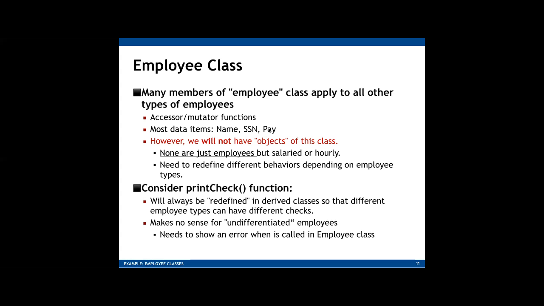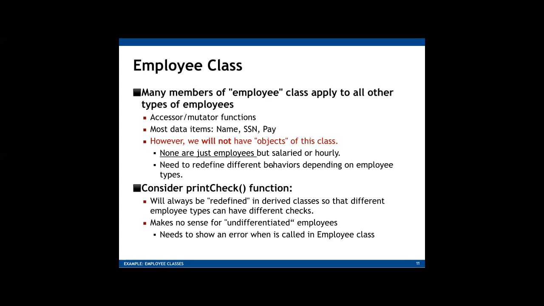And we will not have objects of this employee class. Even though we define the employee class, we are not going to create objects of it because it is just a base class. It is like an interface or helper class to define more specific employee classes such as the salaried or hourly employee class.